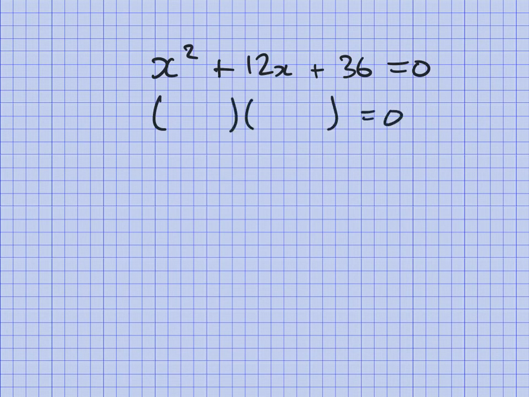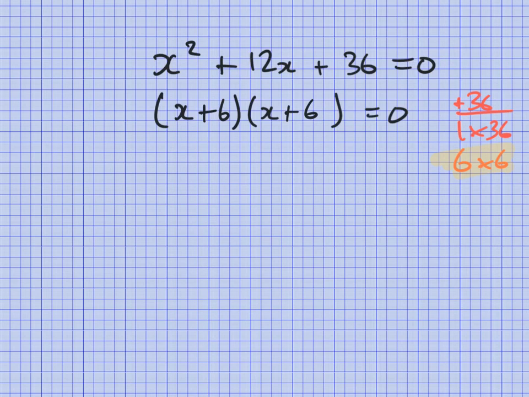I'm going to start by putting an x in both brackets. I'm going to think about what times together to make plus 36. I could do 1 times 36. The obvious one that occurs to me is 6 times 6. And that's the one I want to use because 6 plus 6 makes 12. So this must be plus 6 and plus 6.